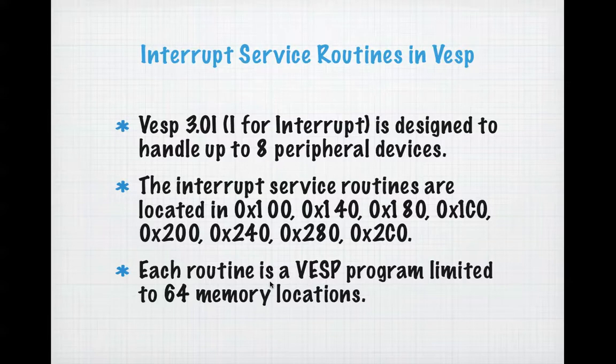But we can safely say that each routine is a VESP program that is limited to 64 memory locations, which will mean at most 64 VESP instructions that we can execute within each of these so-called interrupt service routines.